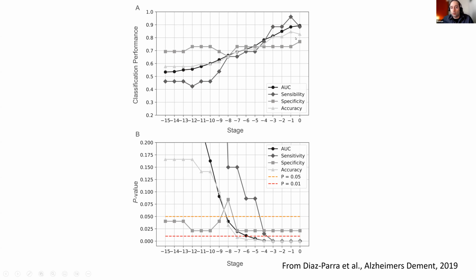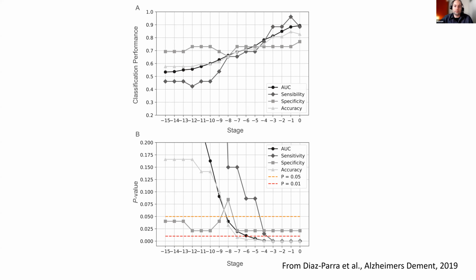And 0 would essentially refer to a stage of Alzheimer's disease where with current tools we can well classify or diagnose Alzheimer's disease. So this figure essentially tells us that by using this innovative approach of modeling the progression, we can actually identify or diagnose at least an elevated risk for Alzheimer's disease before current state-of-the-art methods can.